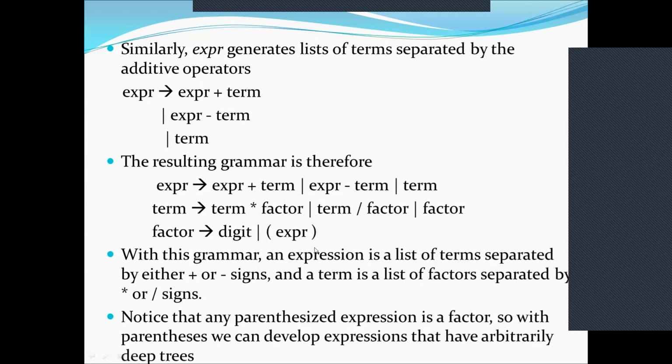So when I say this factor can be a digit or an expression, whatever expression you say here can be also this plus and minus thing. If there is any plus and minus thing, that will be considered here first within parentheses. That means your bracket is done first, then your of and division is done first, then your addition and subtraction.